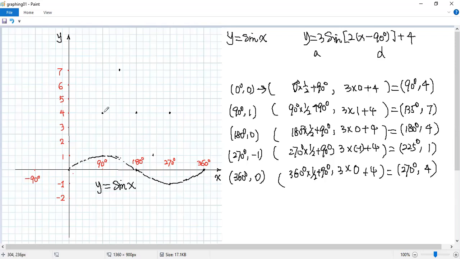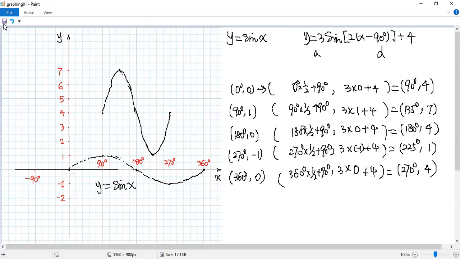Then we use a smooth curve to connect them like that. So there's the graph of the target function.